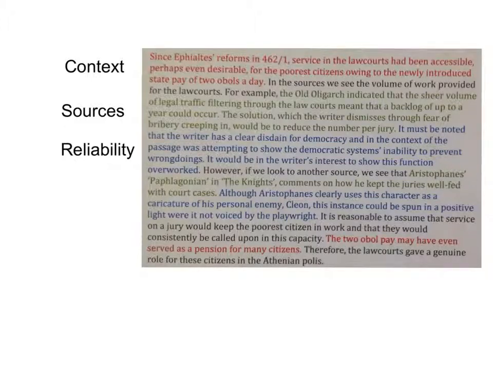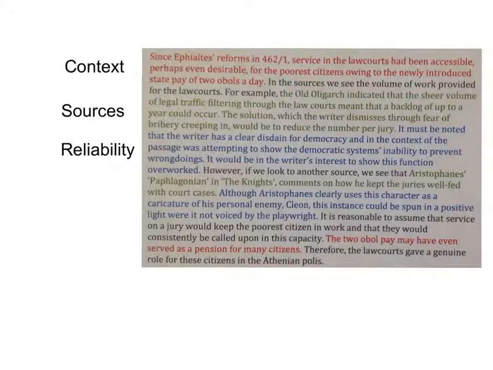Sources I don't need to talk about too much because that's really just the information I've already given you, okay, from the Old Oligarch and the Knights. But I want to point out how I've worked with some reliability.